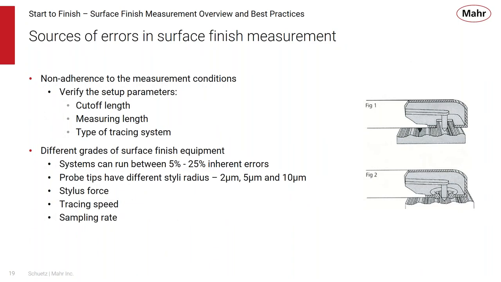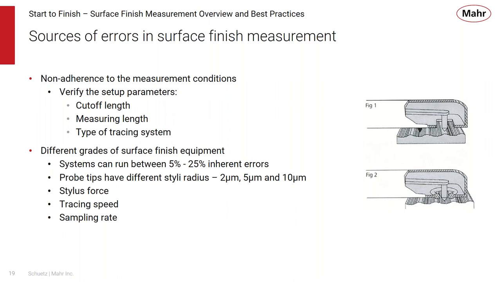And sources of surface finish error from the instrument itself can be discussed and should be considered while making the measurement. So here are some of the sources of errors. So, non-adherence to the measurement conditions. We talked about measuring segments of the surface and how long the surface was and the type of tracing systems.